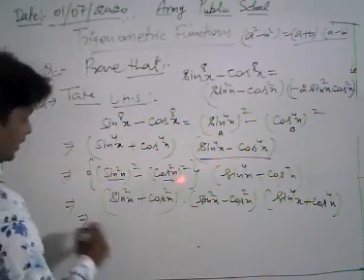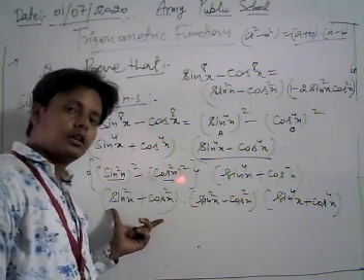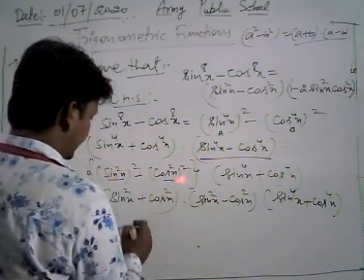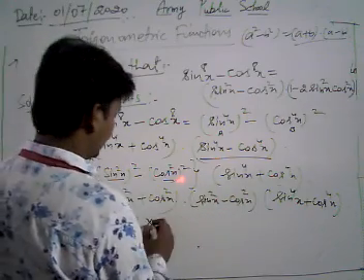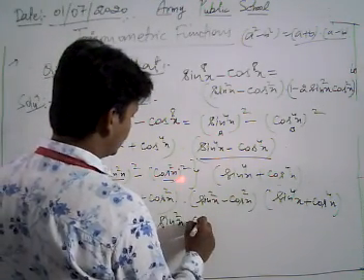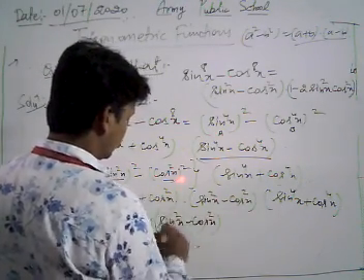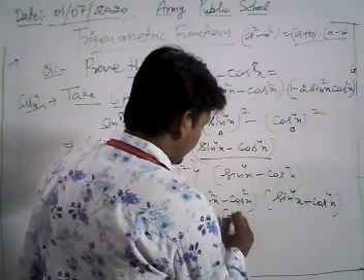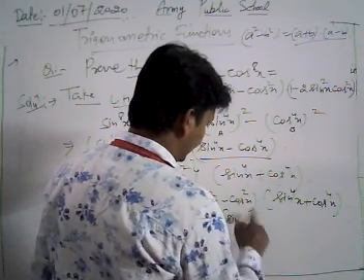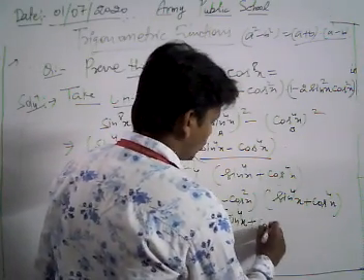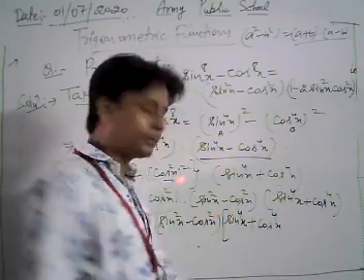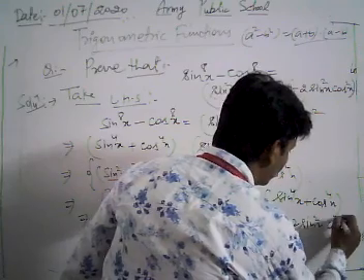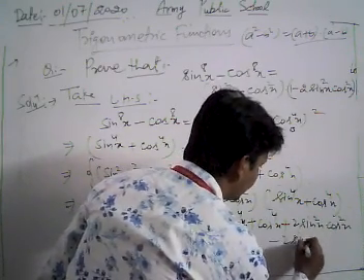Now let's see. Here we also know that the value of sin square x plus cos square x is 1, so the value of that is 1 into sin square x minus cos square x. And in this part we do some step, that is sin to the power 4x plus cos to the power 4x. We add and subtract 2 sin square x into cos square x. Okay, let's see.